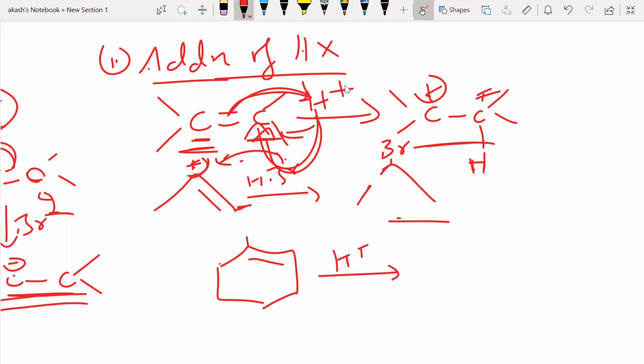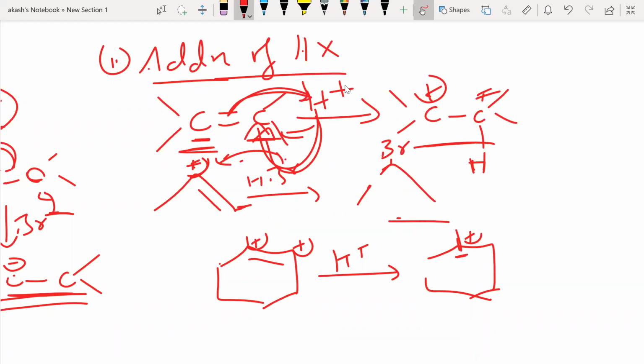Now you don't have to worry about exactly which carbon atom it is. Just go for the more stable carbocation, as simple as that. If I form the carbocation here, this is going to be a secondary carbocation. If I form the carbocation here, that is going to be a tertiary carbocation. So obviously I am going to have the carbocation on this carbon atom. It's all about the more stable carbocation.